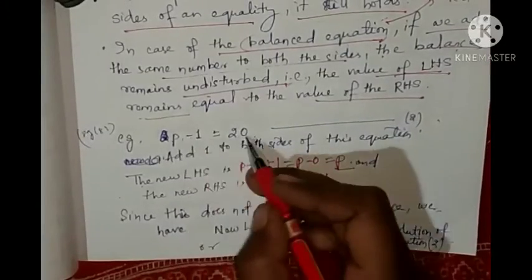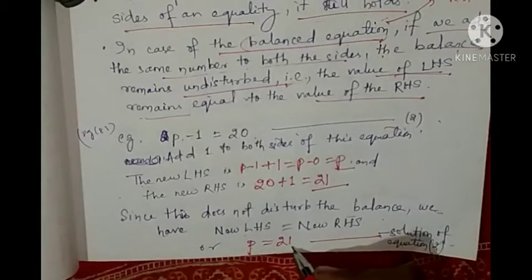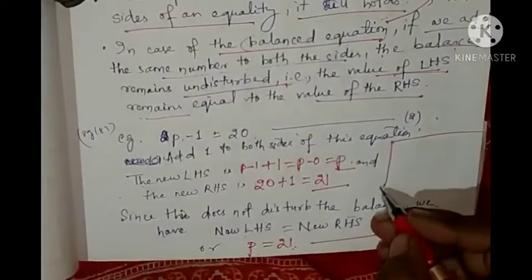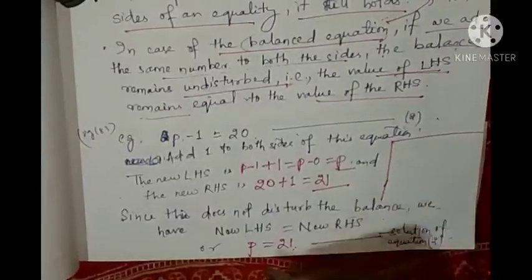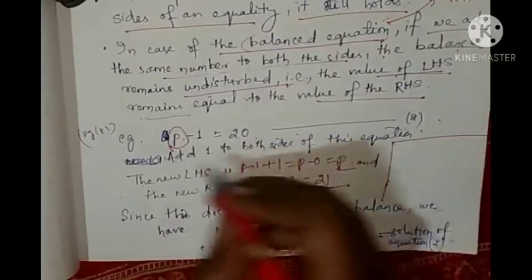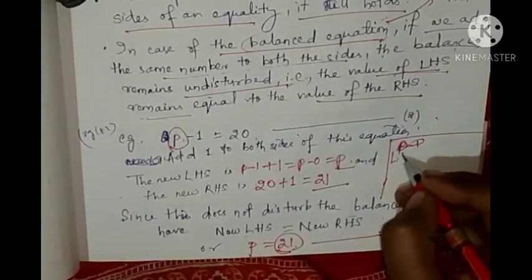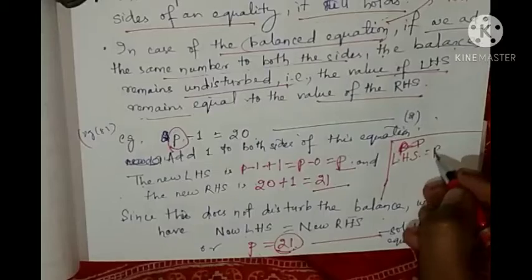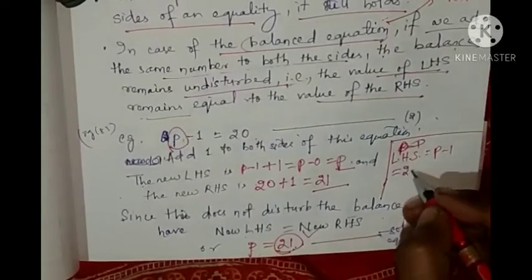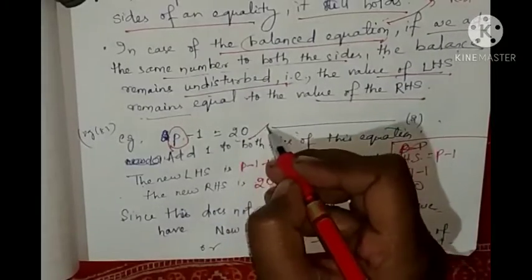So we have P minus 1 equal to 20, and the solution is P equal to 21. We can check it. How will we check it? We put the value of P in this equation. LHS is P minus 1, and with P's value we get 21 minus 1 equal to 20. 20 is what?